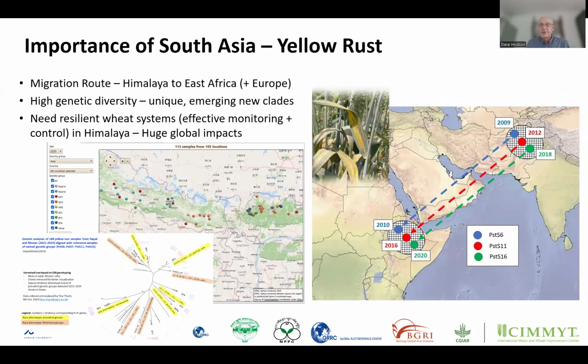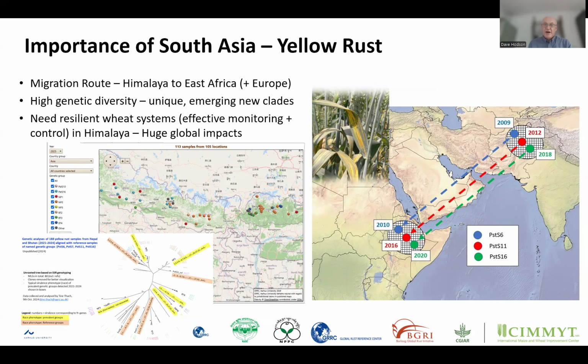So let's think about South Asia and yellow rust. This is a very big priority, both as a disease and as an area. From the surveillance work we've done over the years, we clearly see there's a very strong migration route from the Himalaya region across to East Africa and also to other regions, including Europe.